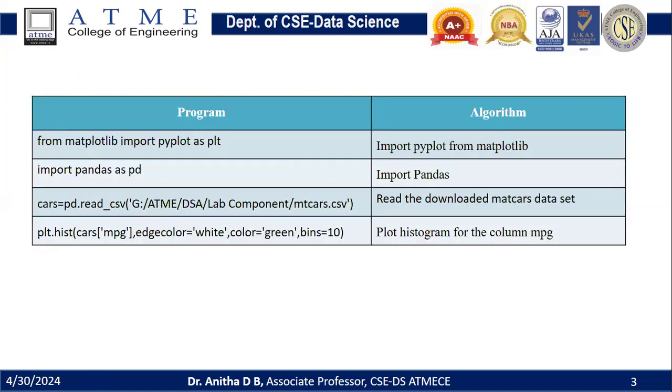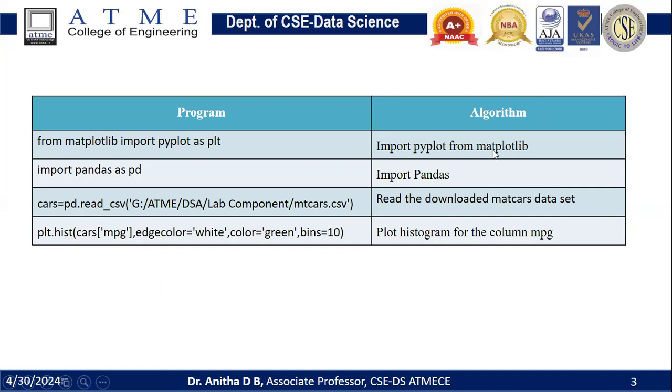Now this is the program along with the algorithm. So as per the given statement, first thing we need to download the data set, then plot the histogram. And along with this, we need to import the necessary libraries.